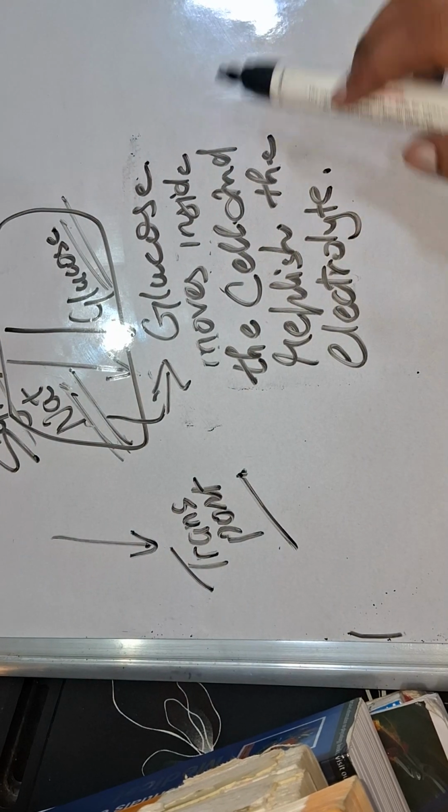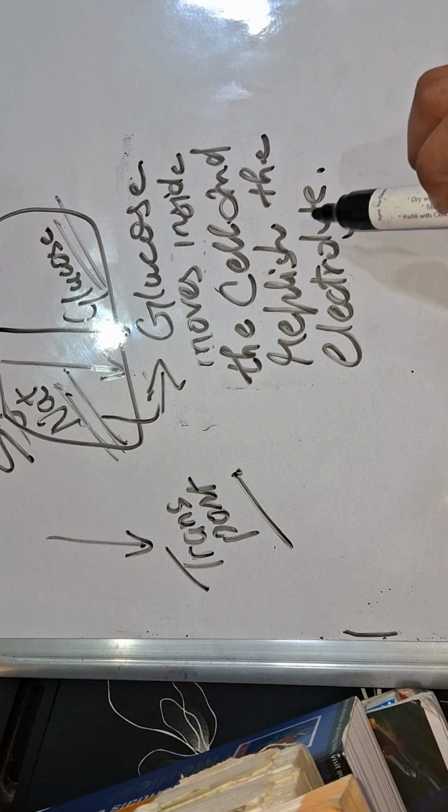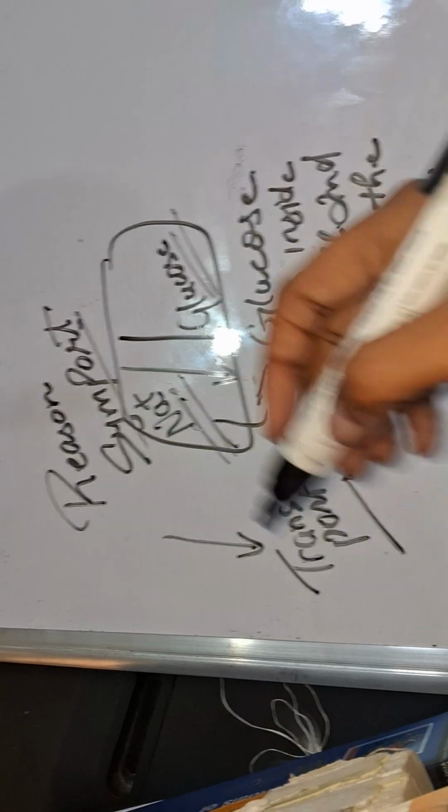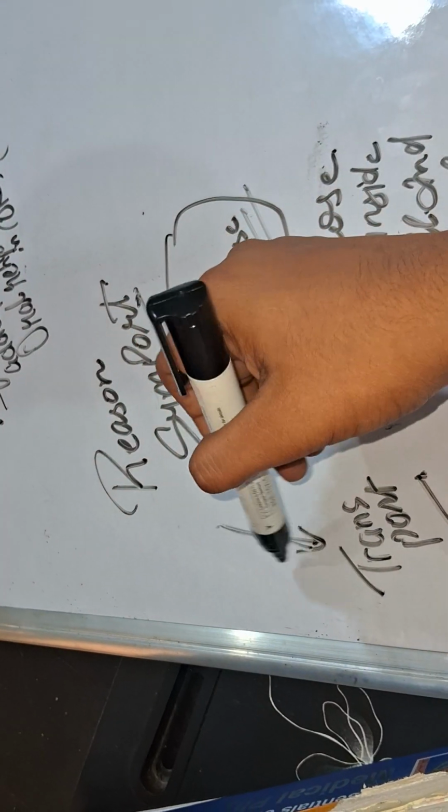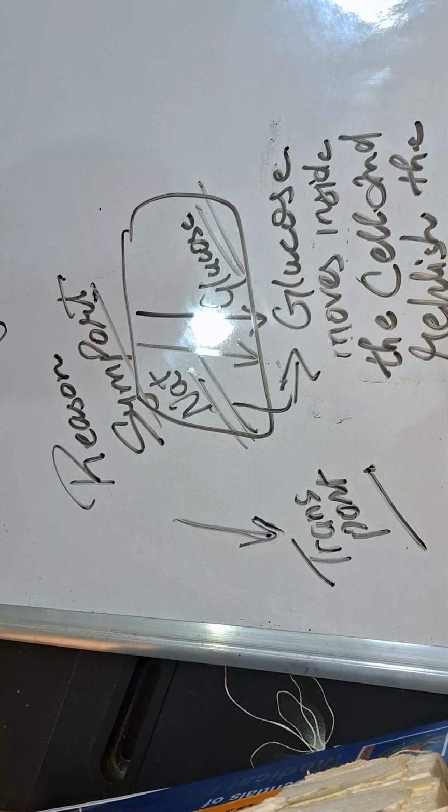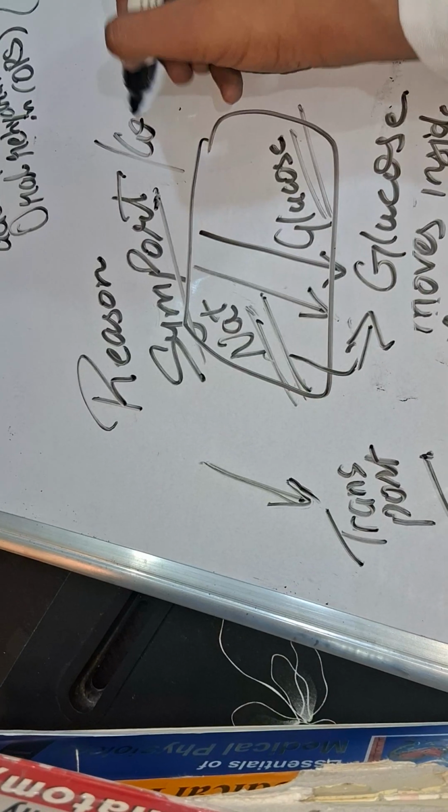Glucose moves inside the cell and replenishes the electrolyte. Simple transport, and symport is also known as co-transport.